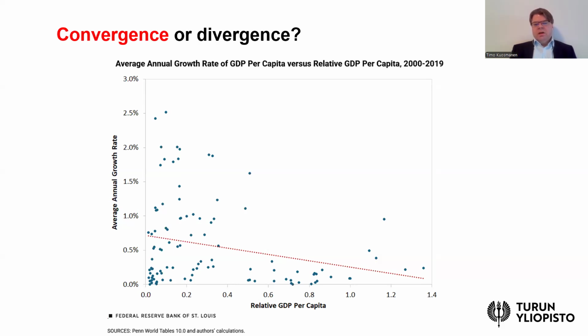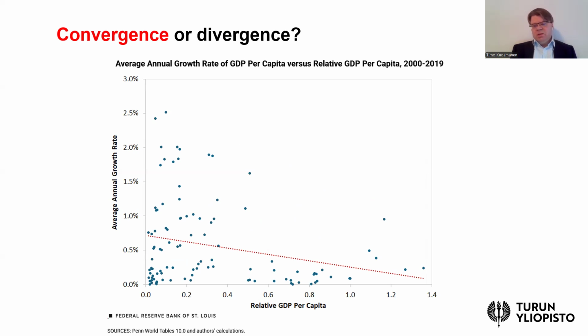And now this regression line, the red broken line, is downward sloping, indicating that in the past few decades there has been a negative association between the level of GDP per capita and the growth rate of GDP per capita. That would support the convergence hypothesis, that the poorest countries can be catching up with the rich ones.